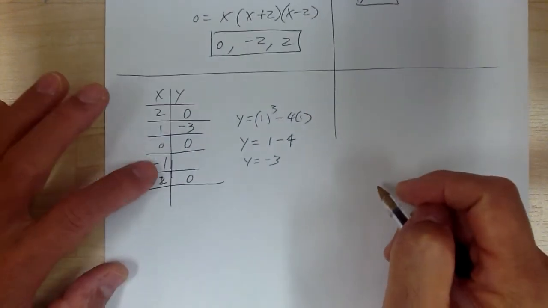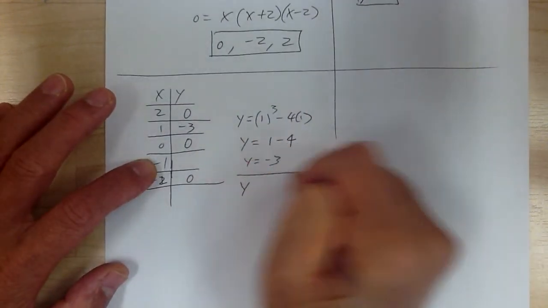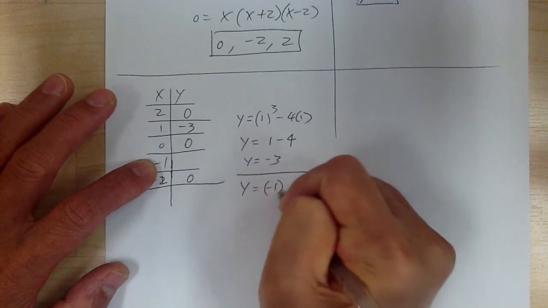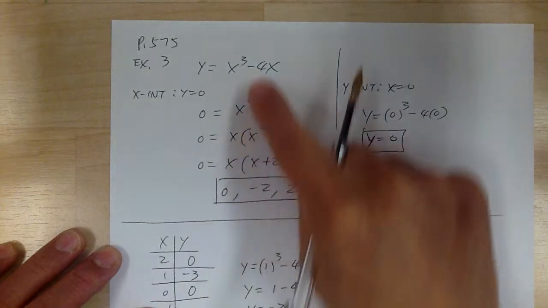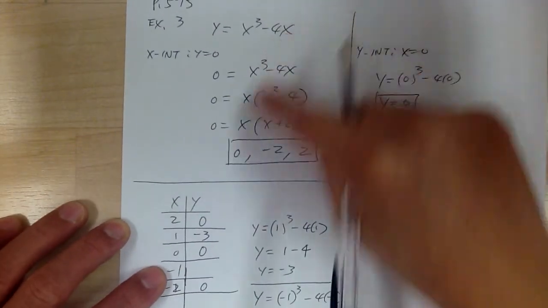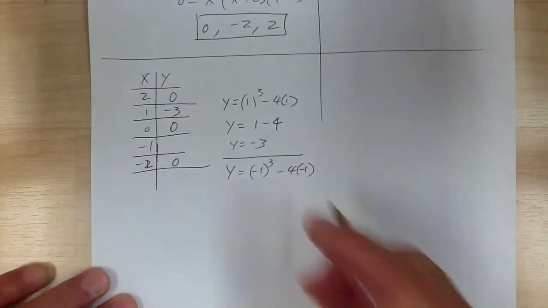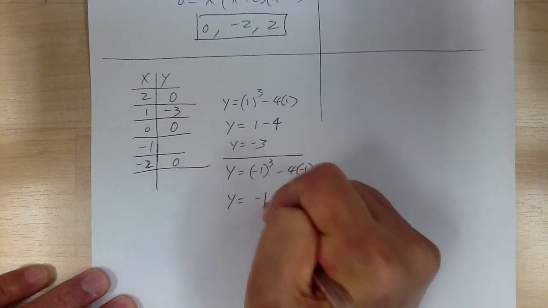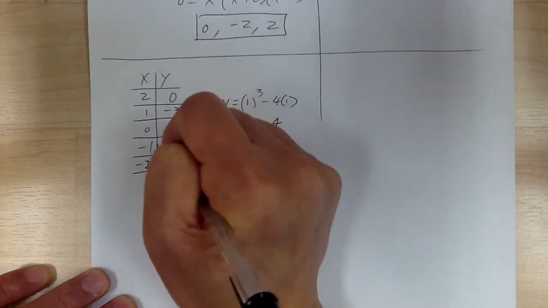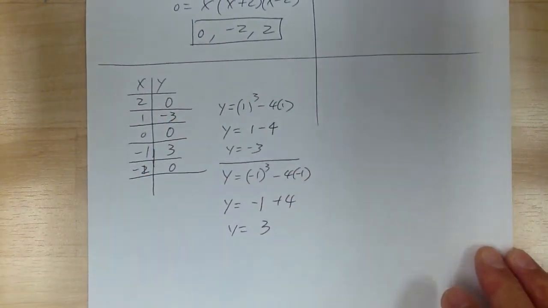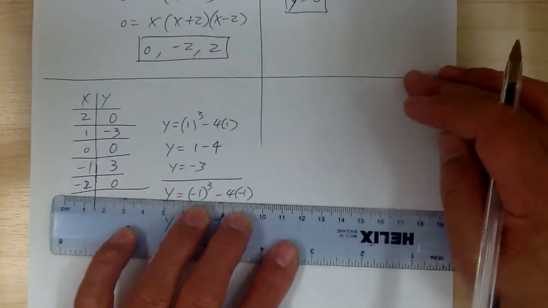Now we have 1 more point to go. y equal to negative 1 to the 3 power minus 4 times negative 1. Again, all I'm doing is substituting this point into the equation to find the value so I can plot the points. So y equal to negative 1 plus 4, so y equal to 3. Okay, so we have all those points. Let's start to graph that.